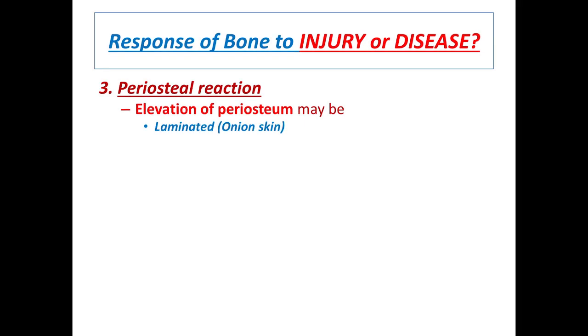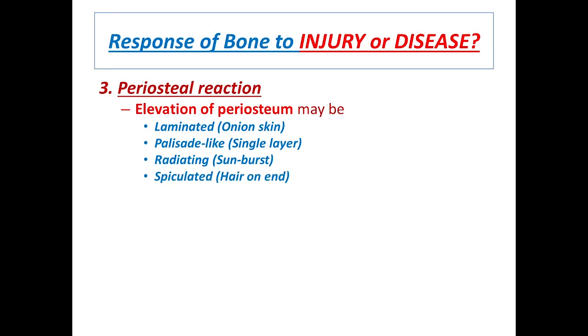Sometimes it is palisade like, sometimes it is radiating just like a sunburst, sometimes it is spiculated, there are cilia like growths, Codman's triangle, sometimes it is bubble like. So these are all the periosteal reactions. One by one we will discuss them with diagrams.